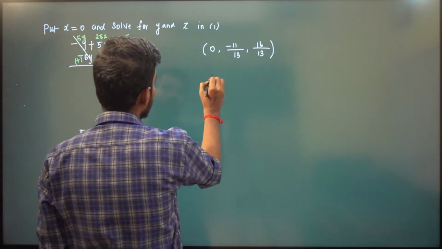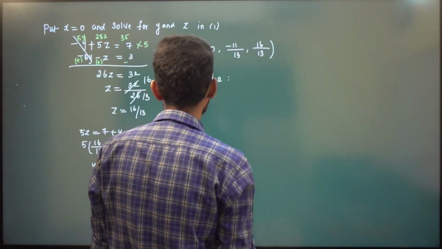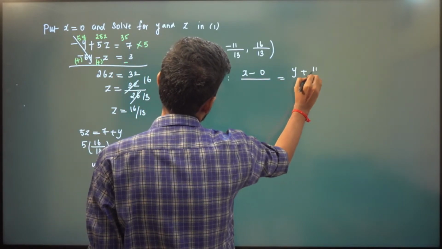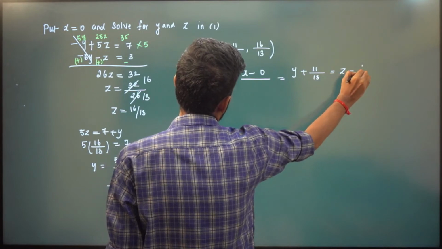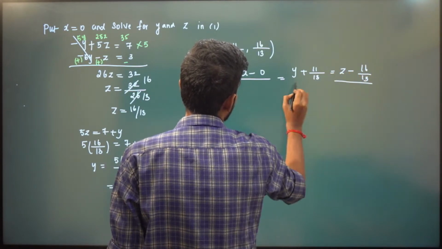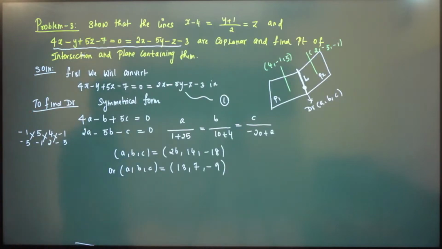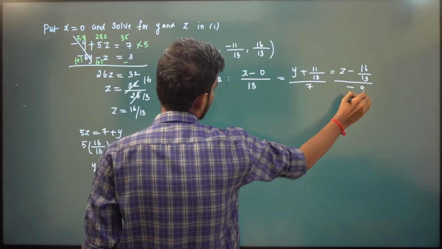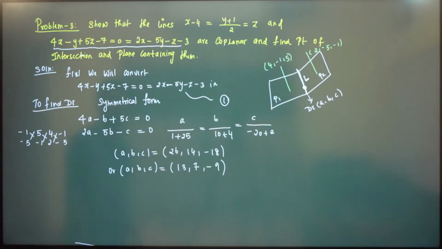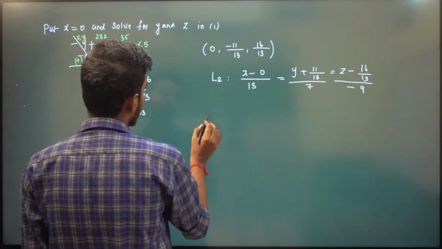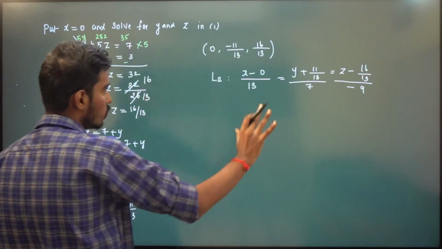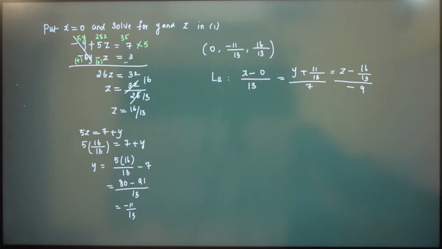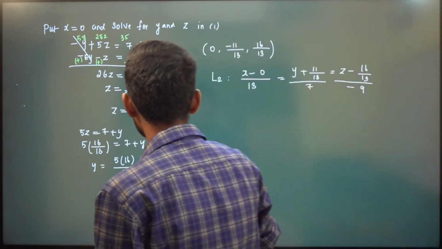So therefore, the equation of line L2 is given by x minus 0 by, y plus 11 by 13, z minus 16 by 13 divided by the direction ratios 13, 7, minus 9, right? This is L2 and we know L1 also. So we know both the lines in symmetrical form. Then you can follow the same procedure.